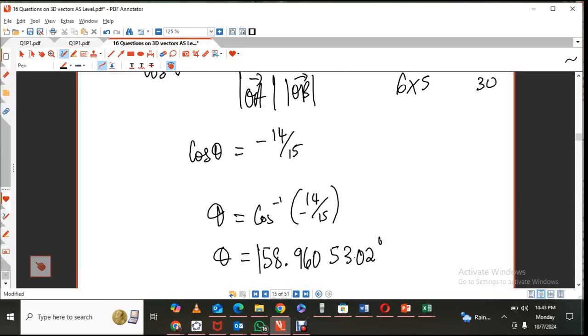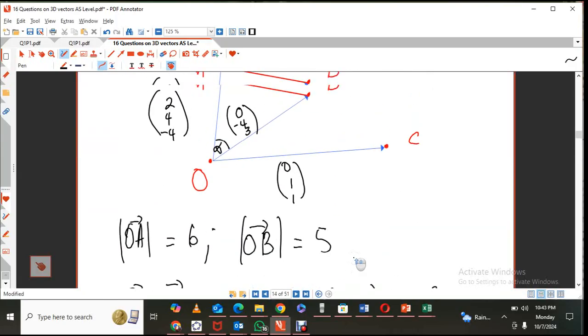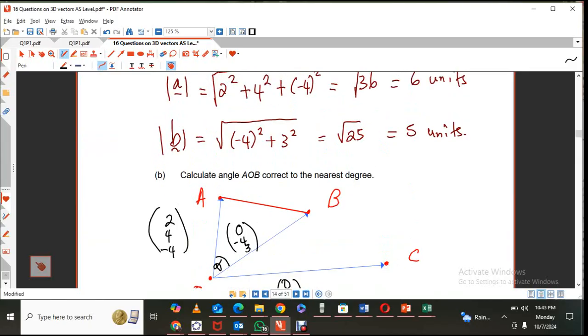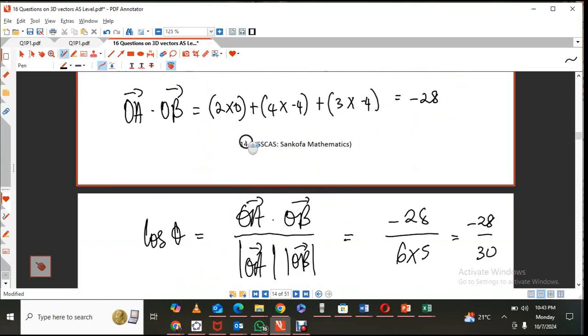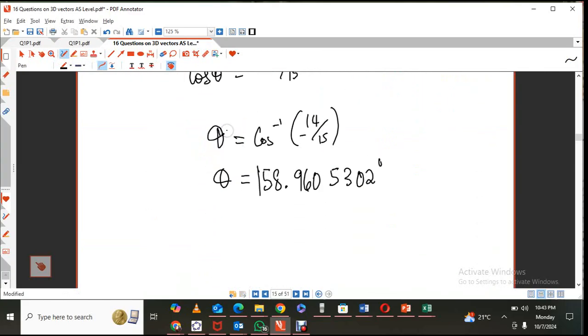So I just want to go back to the question because I think they say you must give it to the nearest degree. Very important that you always read your questions. So let's give this answer to the nearest degree, and this answer then becomes 159 to the nearest degree.